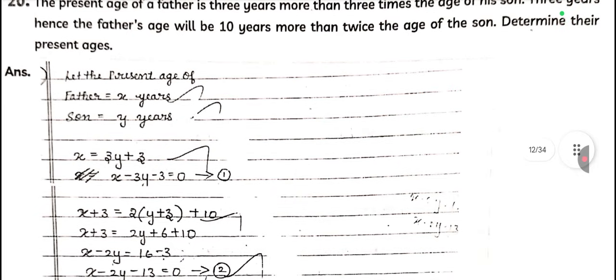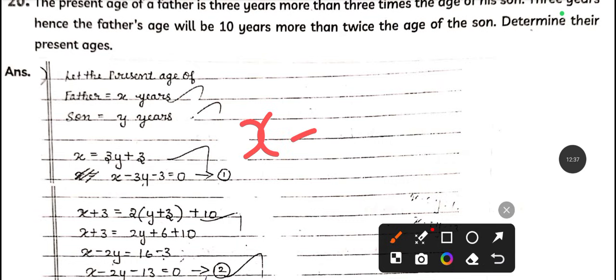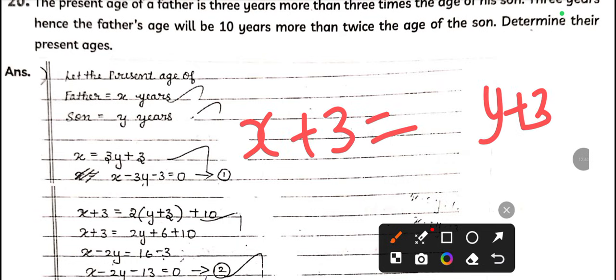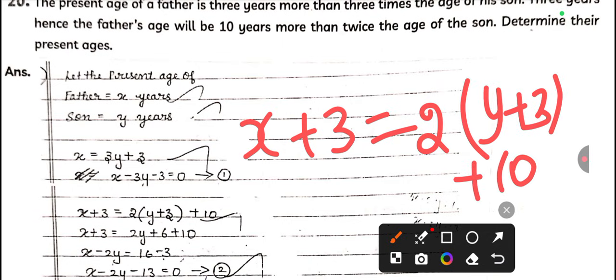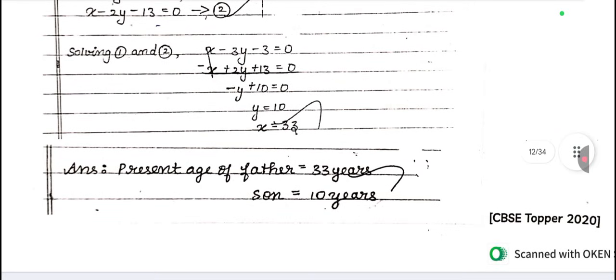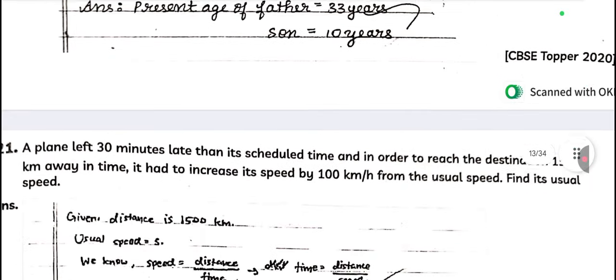In the same way they have said 10 years more, so 10 plus twice the age of son. When ages are more, you have to remember, like 3 years more. On both sides you have to put it. 2 times, so 2 you can do. More 10, you have to add 10. Then do the distributive property properly and get this equation. Solve. Get the present age of father and present age of son.